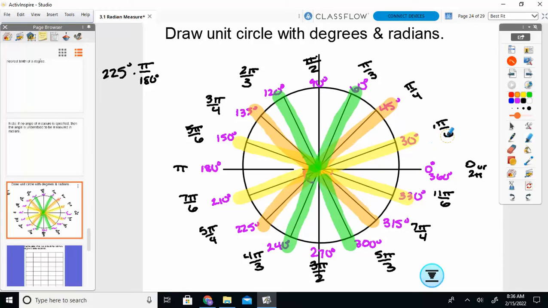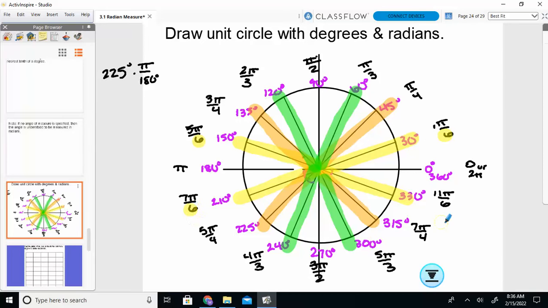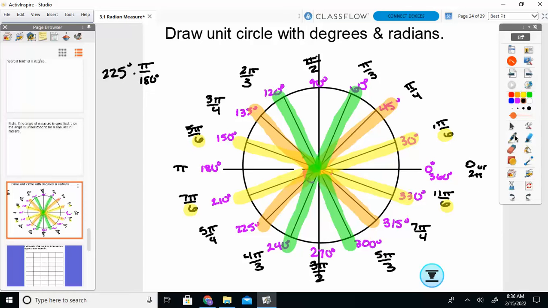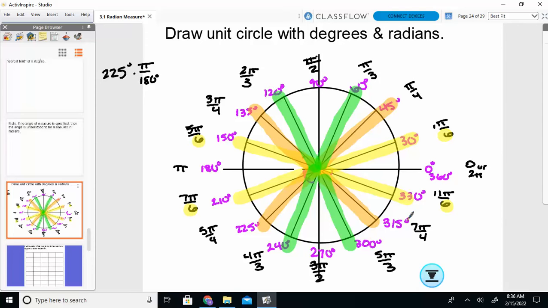And we know what the bottoms are going to be because my 30s are all over 6, my 45s are all going to have a denominator of 4, and all my 60s have a denominator of 3. In the third quadrant, how are the top and bottom related? Top's bigger, probably. Yeah, the top is 1 bigger. And in the fourth, can you figure out the pattern there?